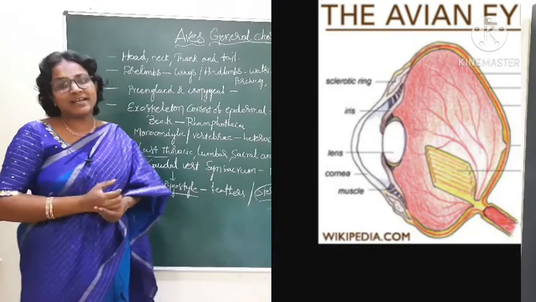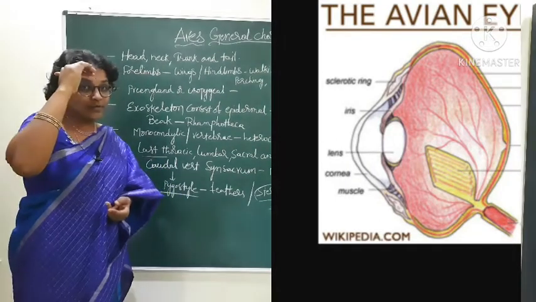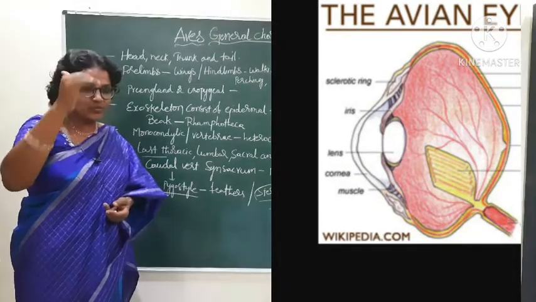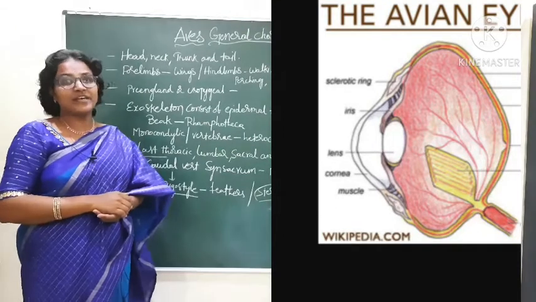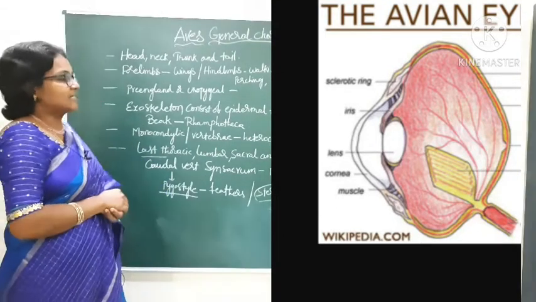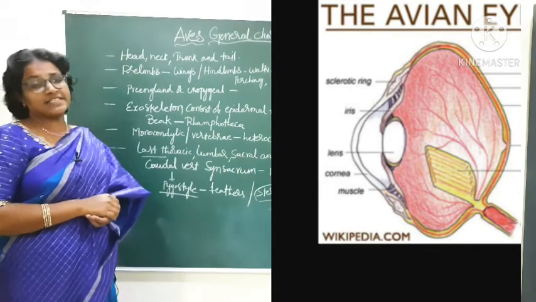Because of the pecten plates, they are giving the support and the clear vision to the eye when it is flying at the heights. So like that, the different adaptations it has.